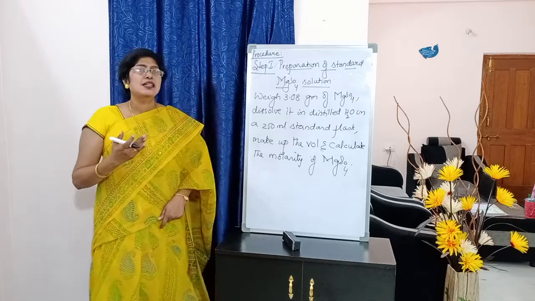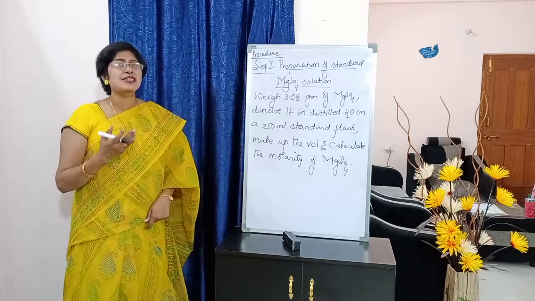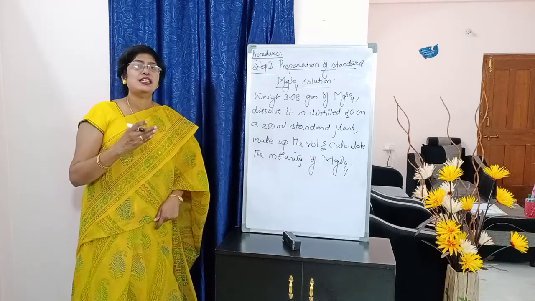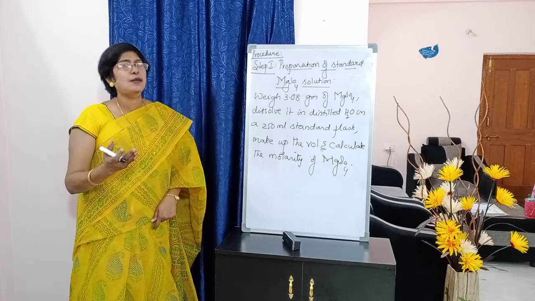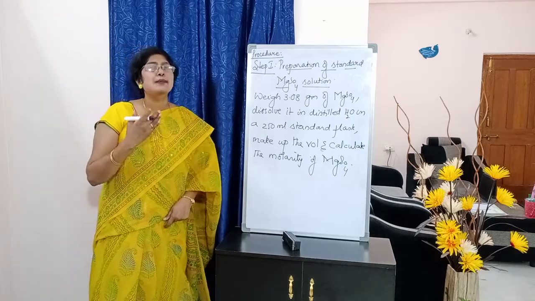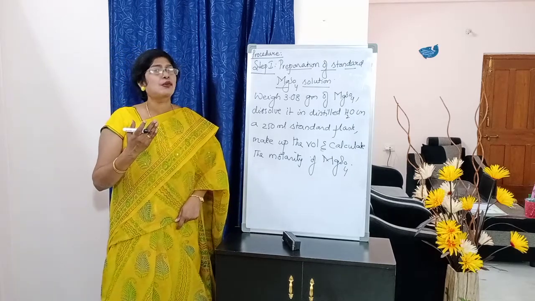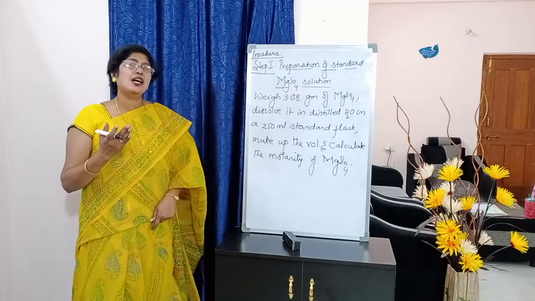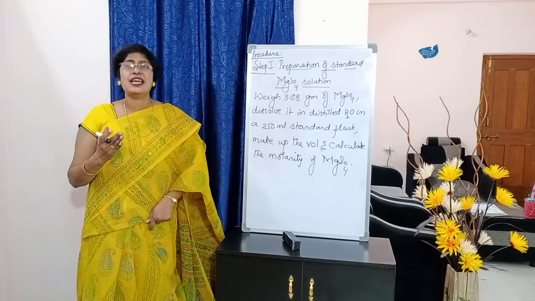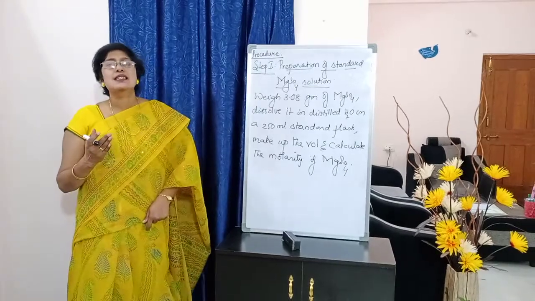Okay, students. I have shown you in the first experiment how we weigh the substance, how to transfer it into the volumetric flask, how to dissolve it, later how to make up the volume to the mark. After that, how to calculate the molarity of the standard solution of MgSO4. Okay, this is all about step 1.